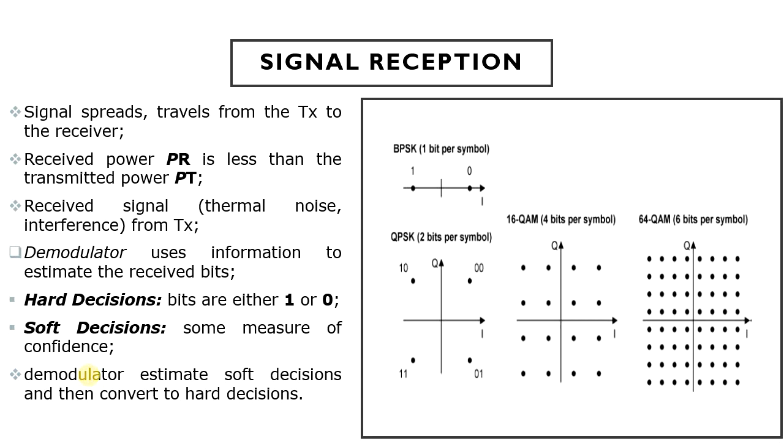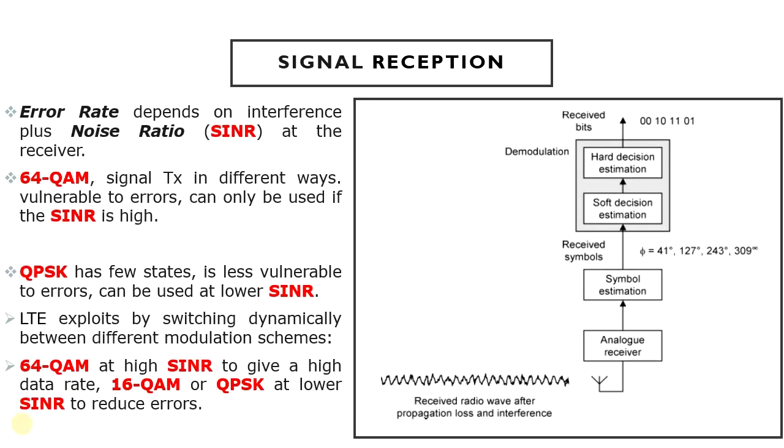As shown in the figure, a typical demodulator will first estimate the soft decisions and then convert this to hard decisions later on. If the noise and interference are large enough, then a bit of 1 can be wrongly interpreted as a bit of 0 and so on, leading to bit errors in the receiver.